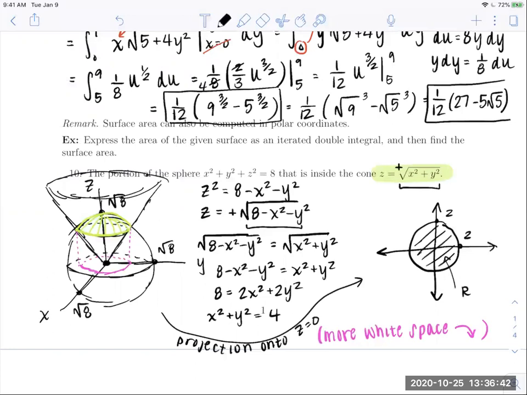Now, the moment you see that your region is a circle, that is indicative that polar coordinates are going to be useful in this circumstance, because actually integrating over a circle in rectangular coordinates is quite painful. What you're going to be dealing with is a bunch of these square roots of 4 minus x squared and negative square root of 4 minus x squared, et cetera.